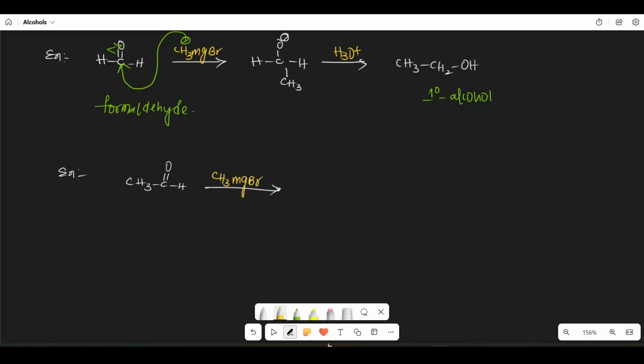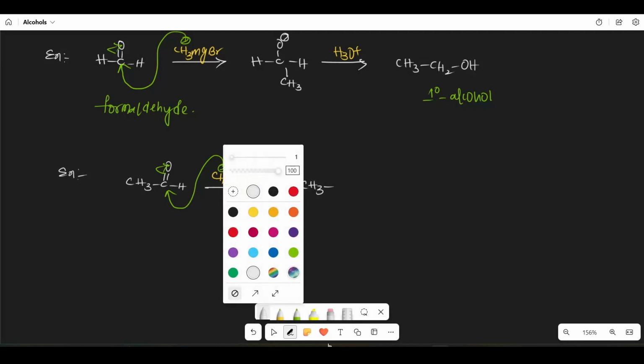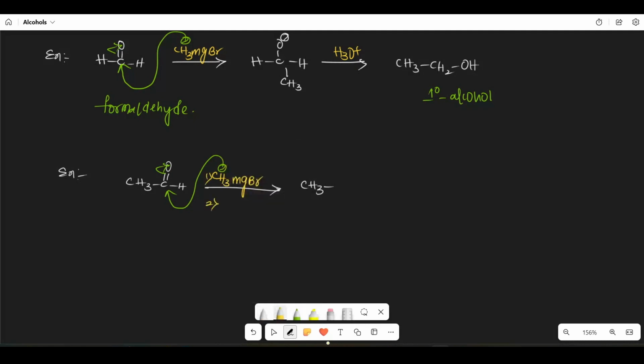The Grignard reagent acts like a nucleophile and attacks this carbon, forming a CH3 bond. After hydrolysis, we get CH3CH(OH)CH3, the secondary alcohol. When you take only formaldehyde with the Grignard reagent, we get primary alcohols.